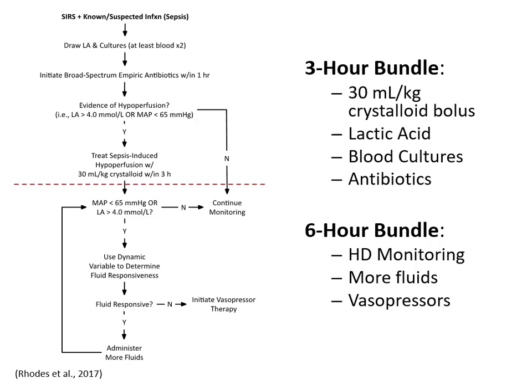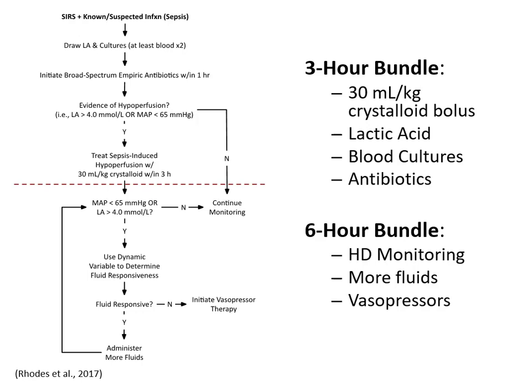Sepsis treatment is typically broken into 3 and 6 hour bundles. In the 3-hour bundle, it's important to administer a 30 milliliter per kilogram crystalloid bolus, check the lactic acid level, draw blood cultures, and initiate antibiotics. Treatment is most successful if antibiotics are started within the first hour of presentation.